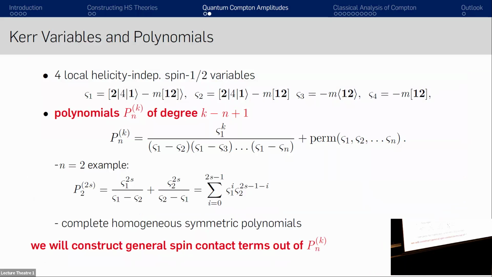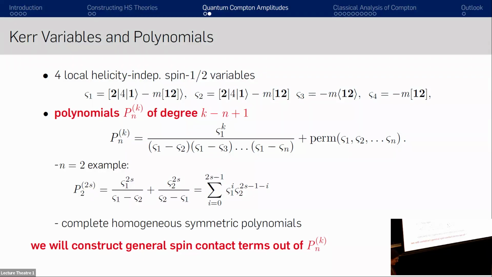But they're particularly nice polynomials. They look like they're rational, like they might have poles, but this is just a feature of what happens when you resum them. In practice, they're just polynomials, which are called complete homogeneous symmetric polynomials. It means take your variables, the number of variables is dictated by n, and construct all monomials that have degree k, and they all have coefficients 1. So this is P2 pretty simply here.